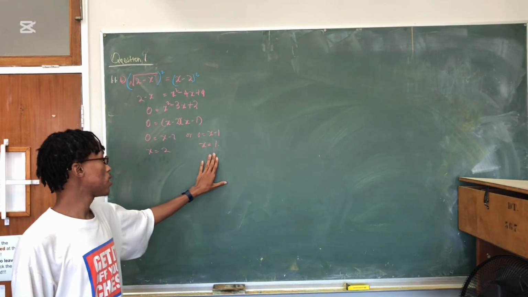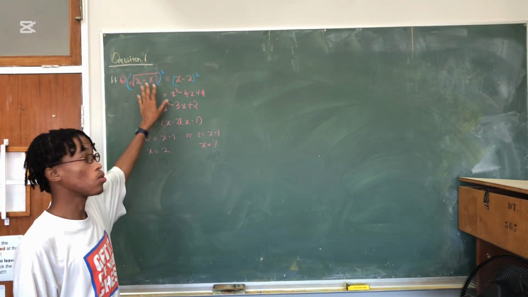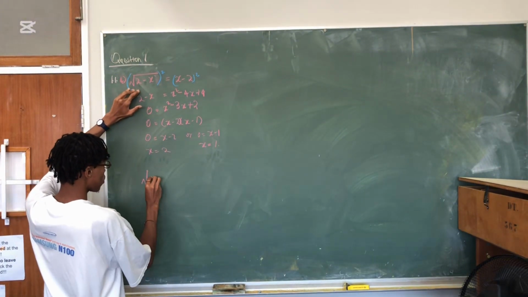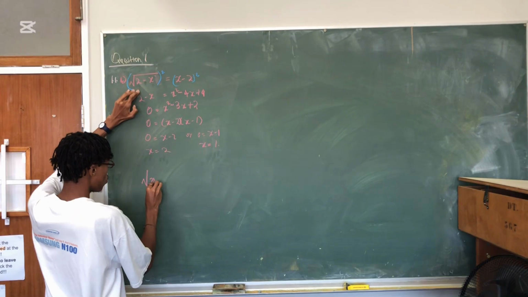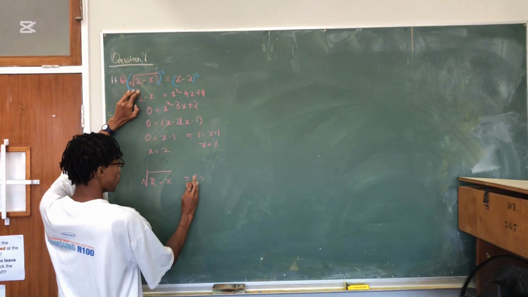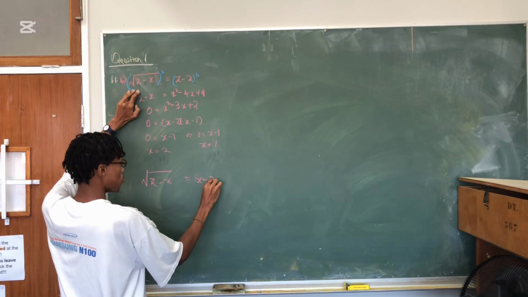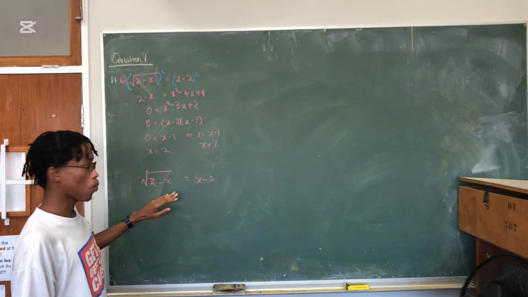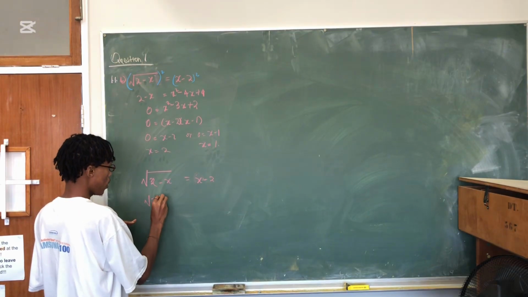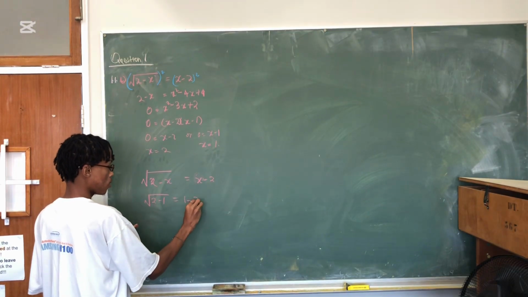But one of our factors is not really going to solve this solution. Our original solution was the square root of 2 minus x is equal to x minus 2. If we substitute 1 here, we're going to get 2 minus 1, 1 minus 2.